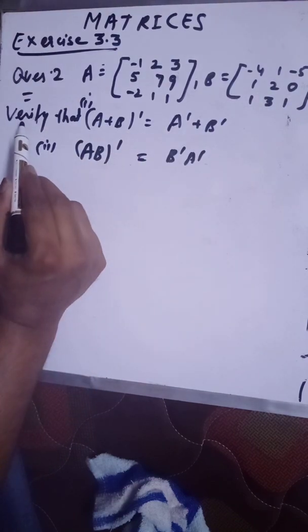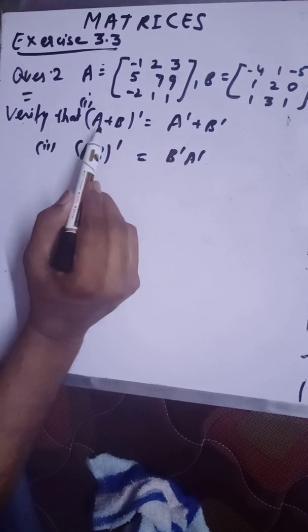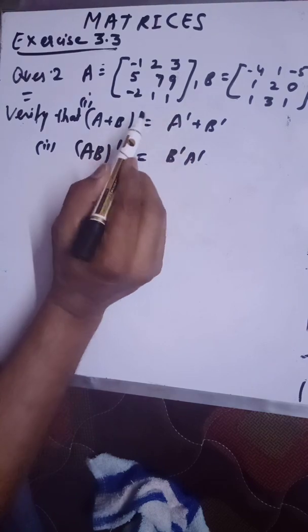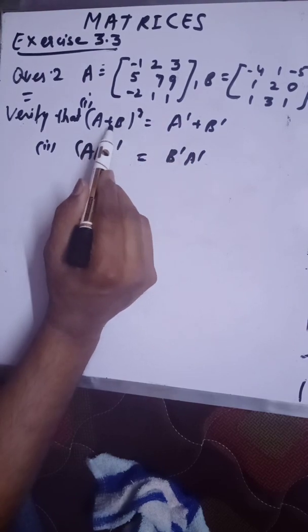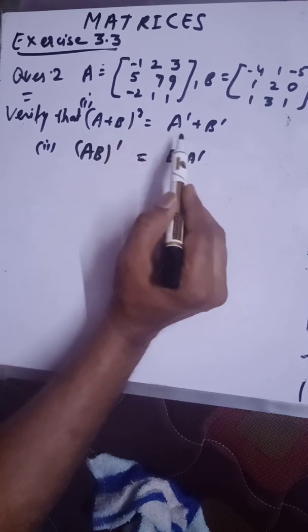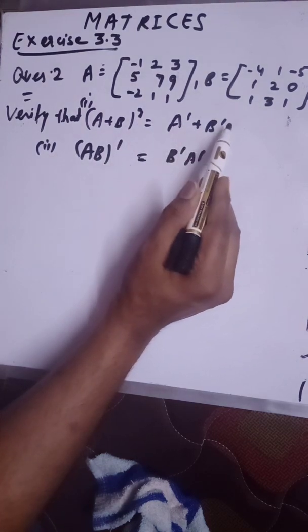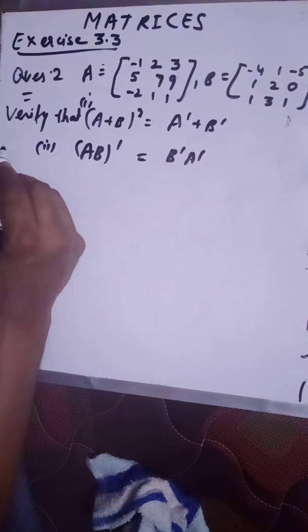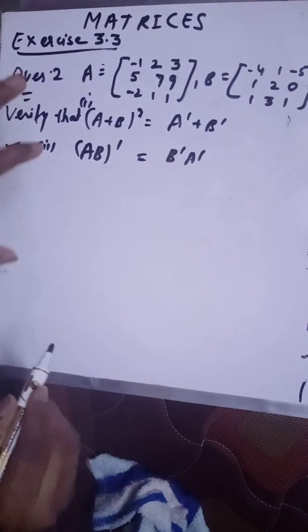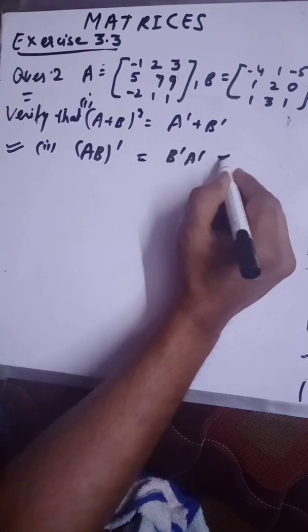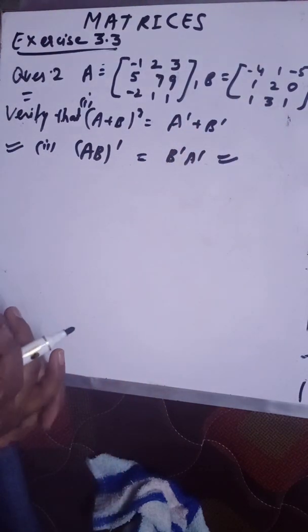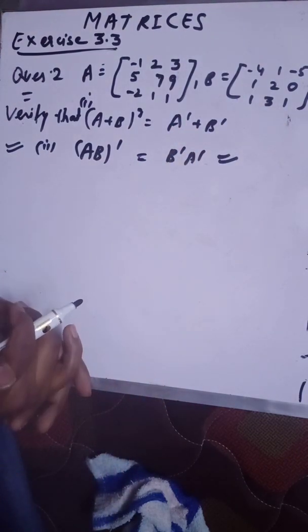And the first part is verify that (A plus B) transpose, this is a dash, so that means it represents transpose. So (A plus B) transpose equals A transpose plus B transpose. Fine. And the second part is not in this question. I'm just adding this part in this question also so that you can understand.